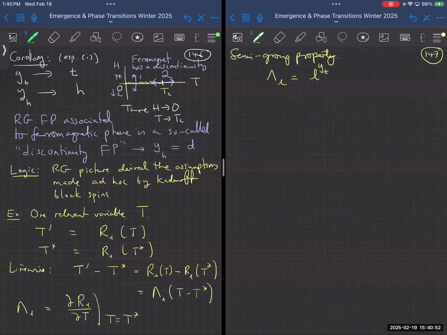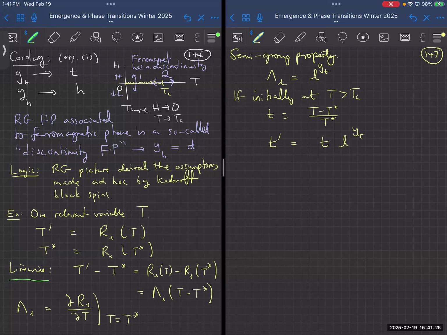And so now if I use this equation, this one over here, then if initially at some temperature greater than Tc, I define t to be T minus T star over T star, then t prime will scale like t times L to the y sub t.